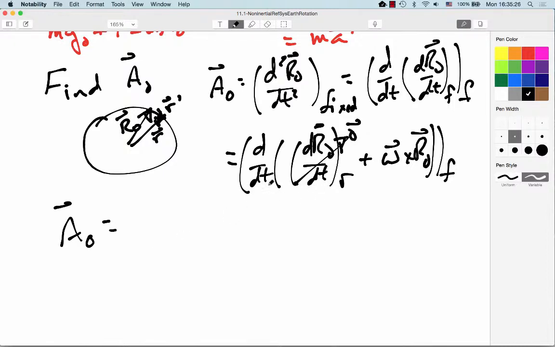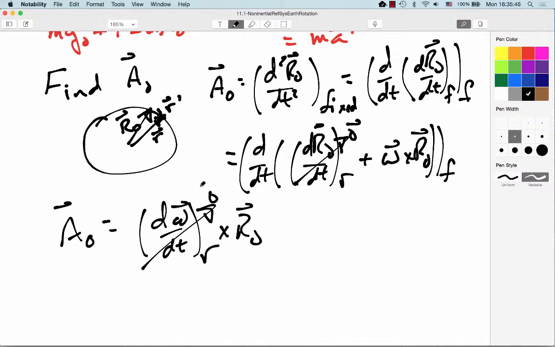We go ahead and take the time derivative of this cross product in the rotating frame and then add omega cross that. Okay, so this will become d omega dt in the rotating frame crossed with r naught.